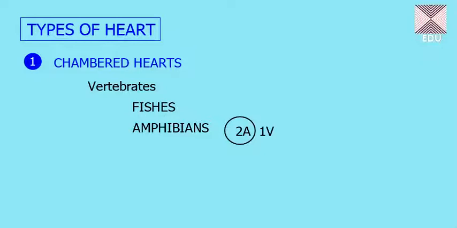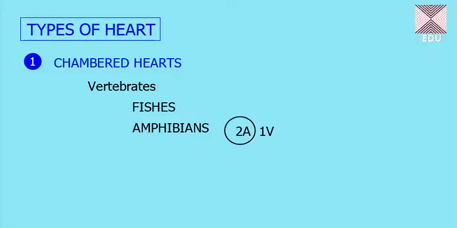If you take the case of the dipnoans, here we can have the foramen ovale in this particular group, where the septum between the two auricles remains open to some extent. So in that case it is not completely divided.